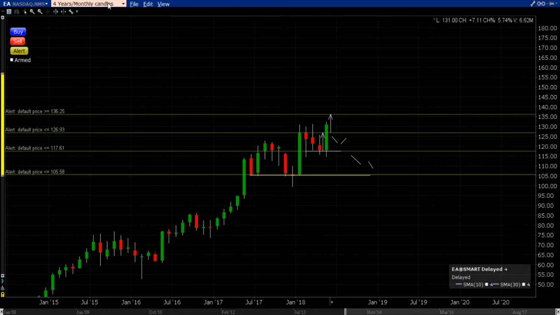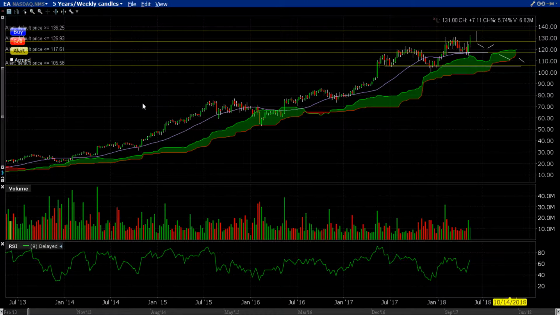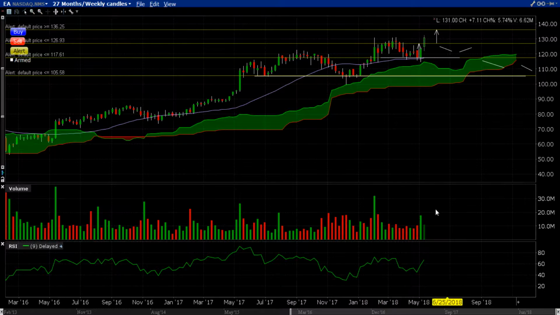All right, let's jot on down to the weekly with my Stan Weinstein framework setup with my RSI, because I don't have the Mansfield indicator. I'm using the classic RSI. I have the super duper important volume, and I have the Ichimoku cloud.